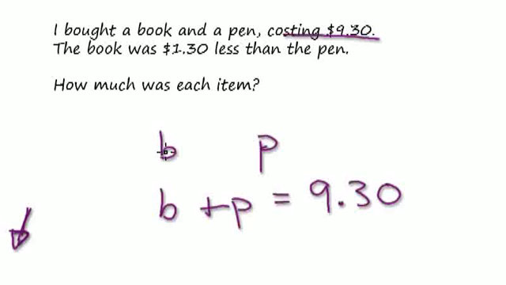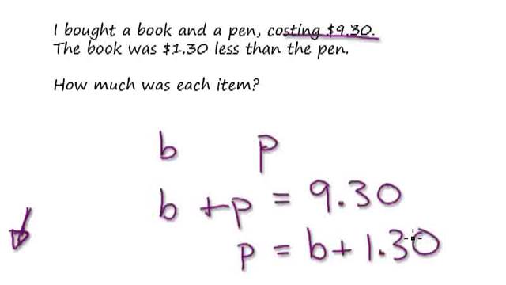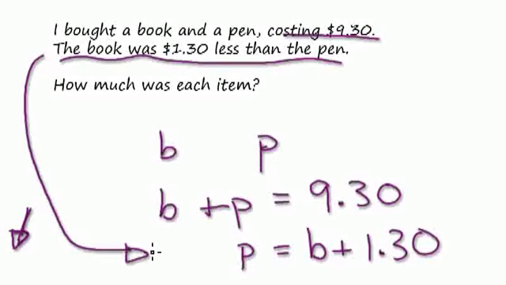Now the book was less than the pen, so I can add $1.30 to the book, and then it would be the price of the pen. This bit you could translate into this equation here.